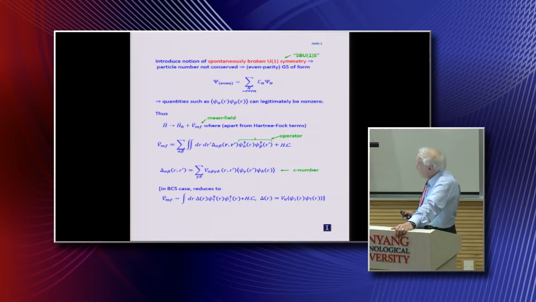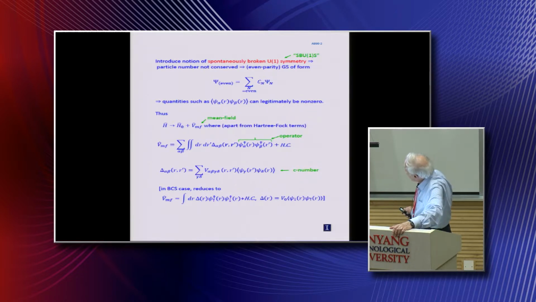And so one tends, as a reasonable approximation, which is simply the most obvious generalization to the superconducting state of the standard Hartree-Fock approximation to the normal state. So what we do is to write down an effective Hamiltonian, which contains the one particle terms, and then a so-called mean field term, which does contain Hartree and Fock terms, but these are not relevant to our argument, so I'll leave them out.